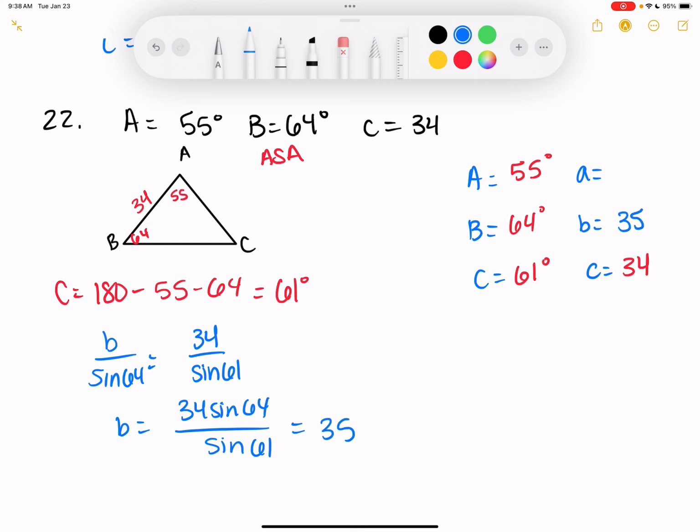All right, and then A over the sine of 55 equals 34 over the sine of 61.